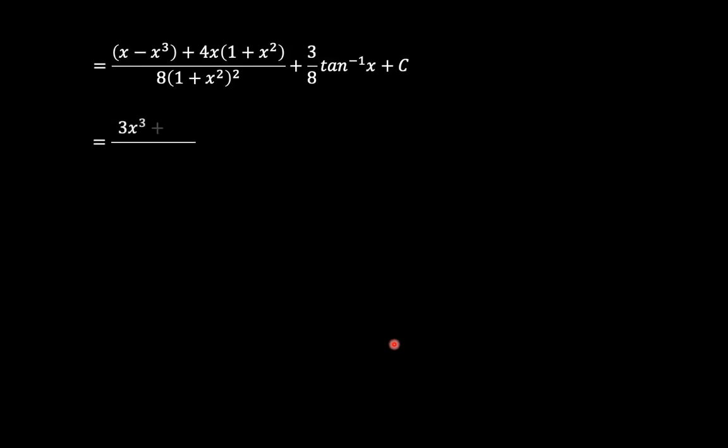And so now we can see here 4x times 1 plus x here becomes 5x. 4x times x squared becomes 4x cubed, minus this x cubed becomes 3x cubed. So in the numerator, we have 3x cubed plus 5x over 8 times (1 plus x squared) squared, plus 3 over 8 arctangent of x plus the integration constant c. And this is the final answer.